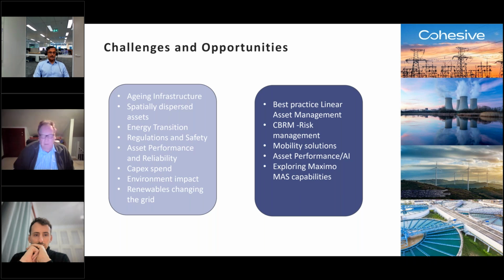There is also a challenge in the capex spend to build infrastructure. This is regulated, and the operator has to go back to the government to give them the justification as to why the capex is needed. Renewables is another area, as you say. Yes, there are a lot of similarities between UK and ANZ on the utility side.